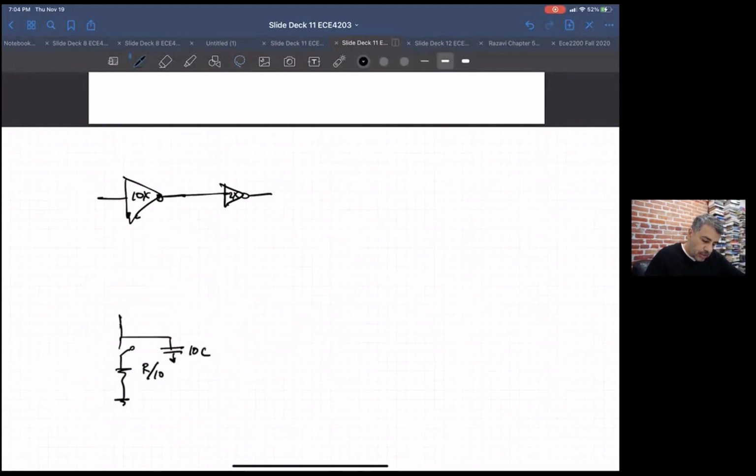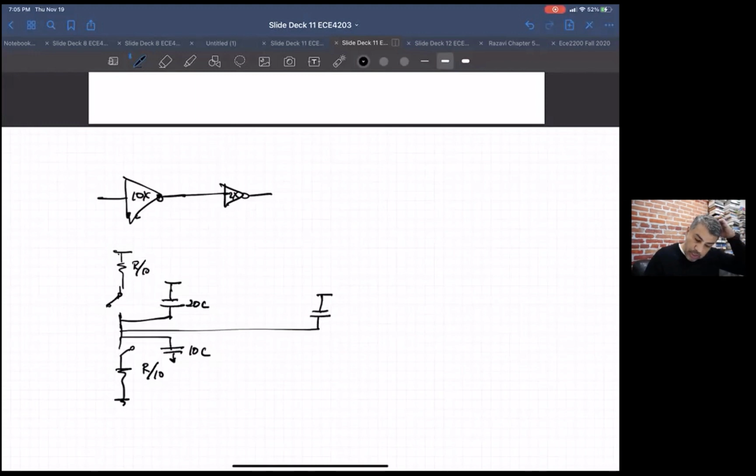And there would be a capacitance of 20C for the PMOSFETs. And then this output would just go to the gate of the 2x, which would have the PMOS gates at 4C, and the NMOS at 2C.